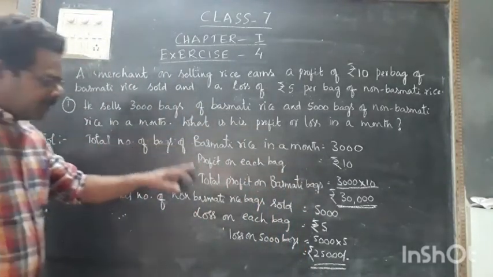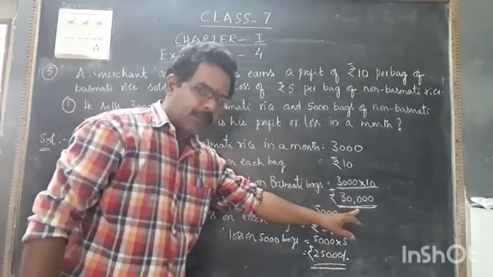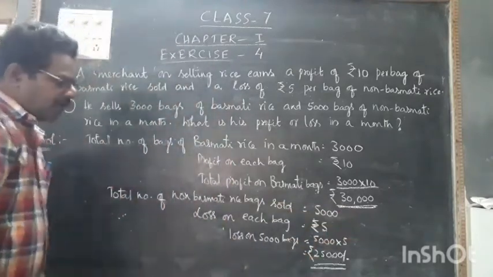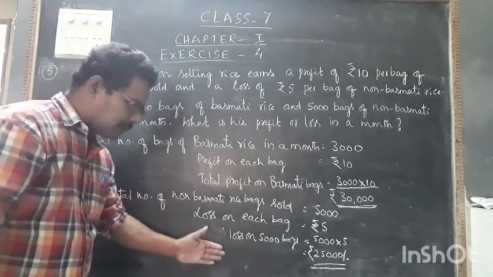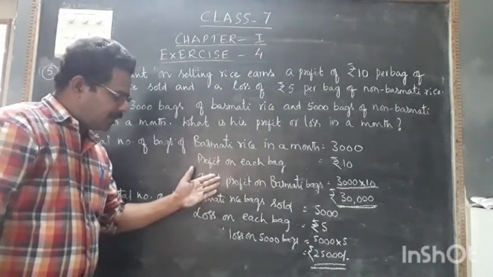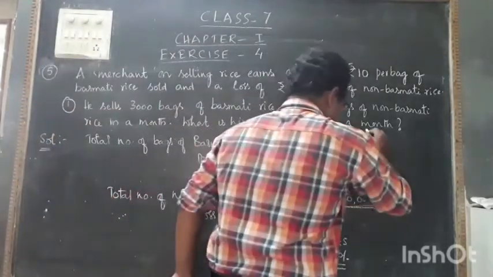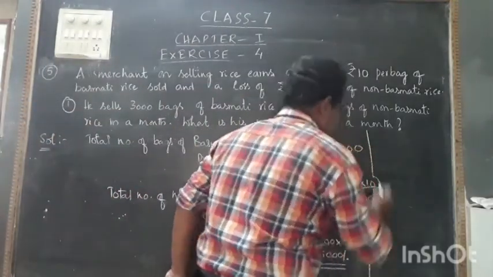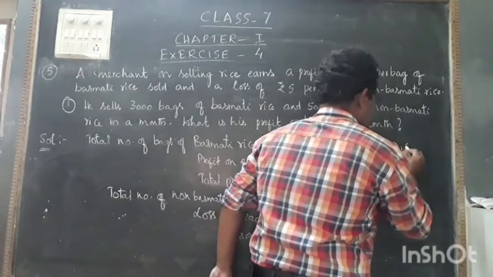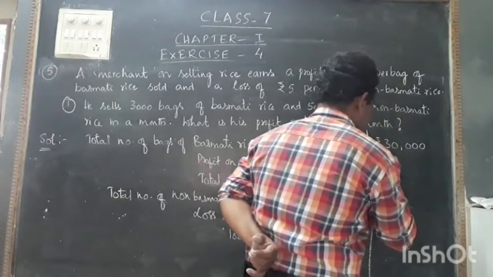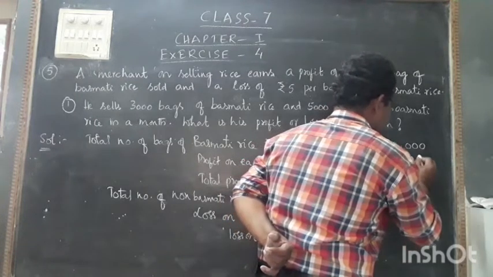Okay, here he is getting profit 30,000 rupees and loss is equal to 25,000. So finally profit is bigger and loss is smaller. So we can find the difference between these two. That means 30,000 rupees minus 25,000 rupees.